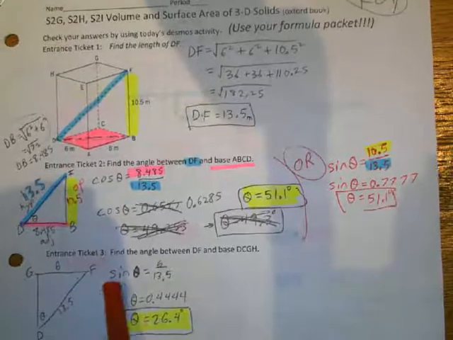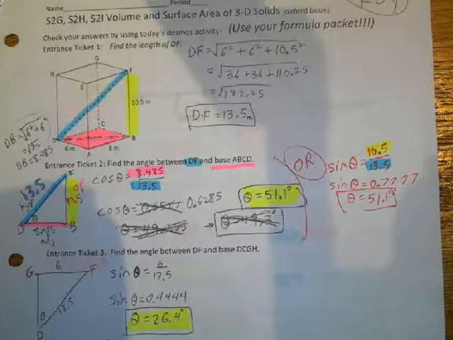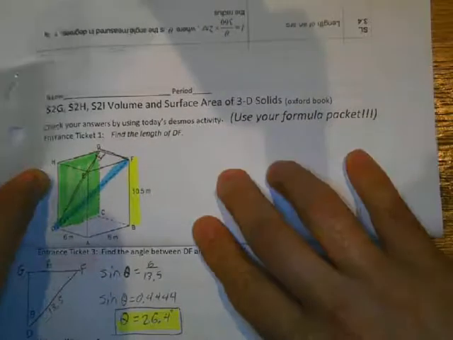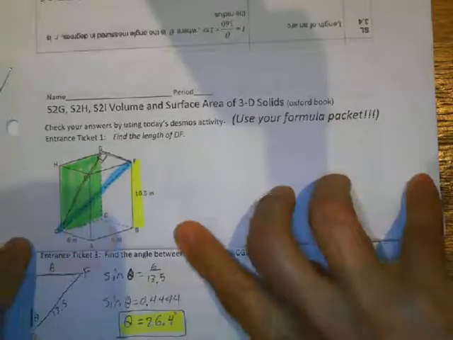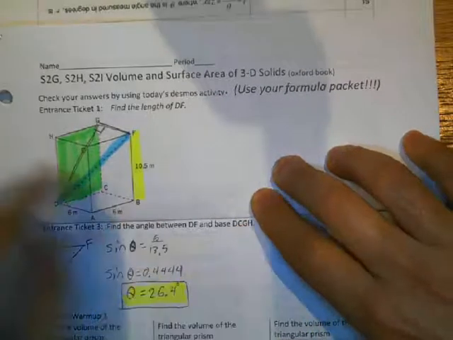The next one says find the angle between DF and side DCGH, and I redrew, shaded it so you could see DCGH better.